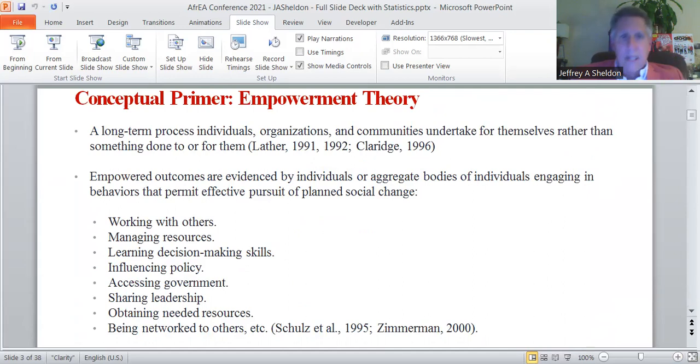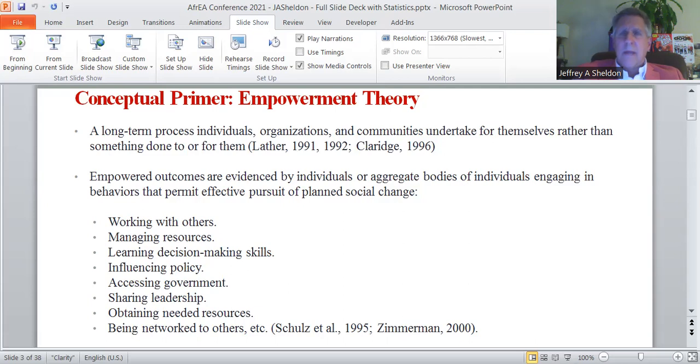Empowerment theory is a long-term process that individuals and communities undertake for themselves. You often hear, well, I'm going to empower this person, or I'm going to empower that group of people. Well, that is not the way empowerment actually works.